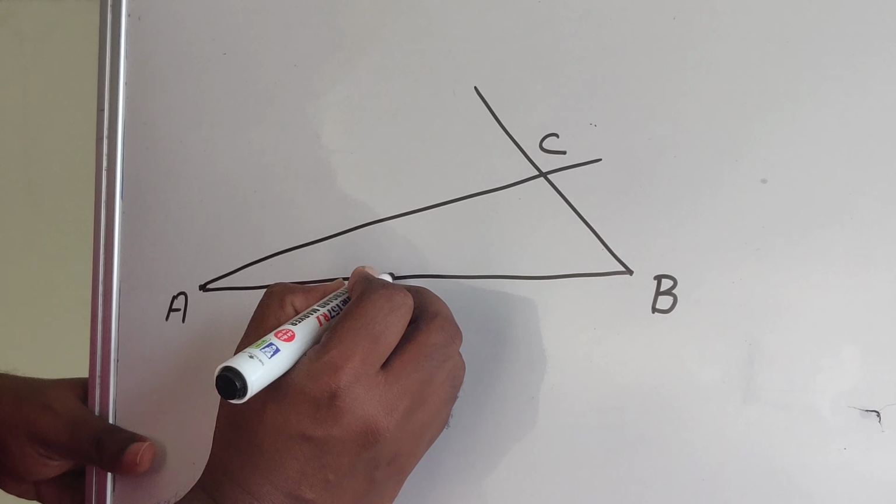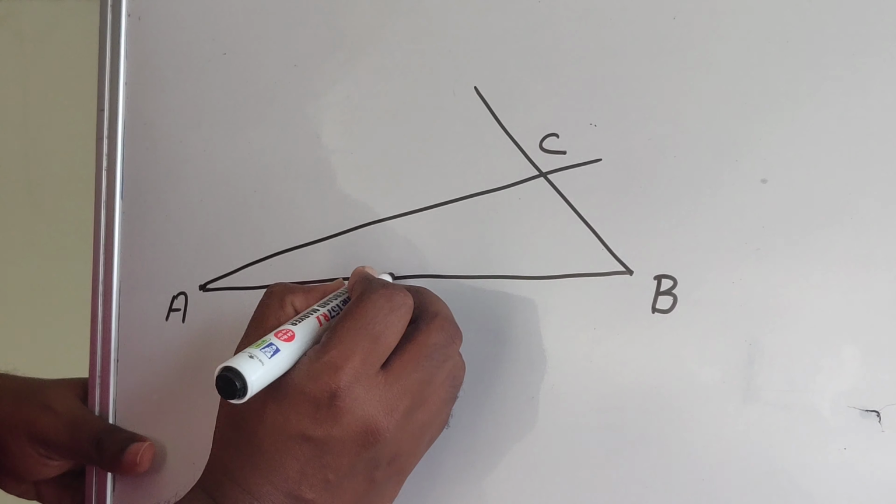Next is diameter 50. Diameter 50 means the radius is 25. So you can measure 25 from here. Let this be E, and from E you can take another line which is parallel to BC. So this is E dash. So AE dash is the isometric length of 25.